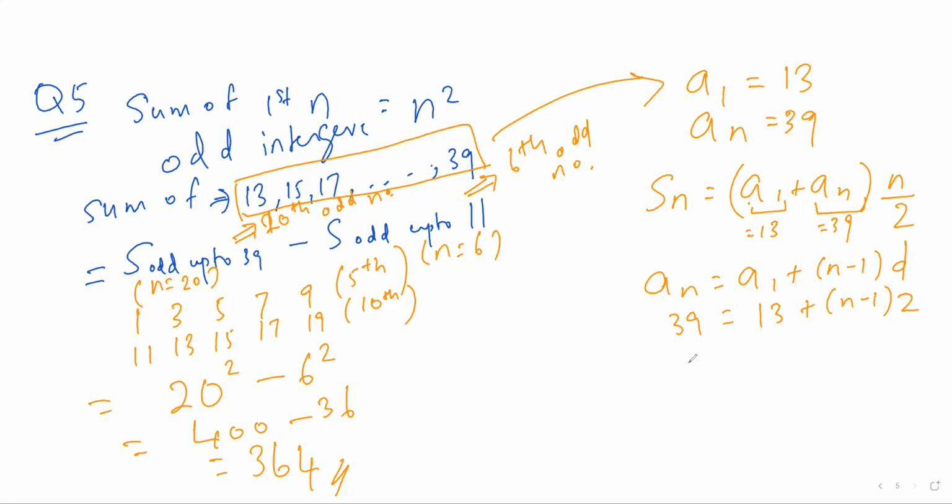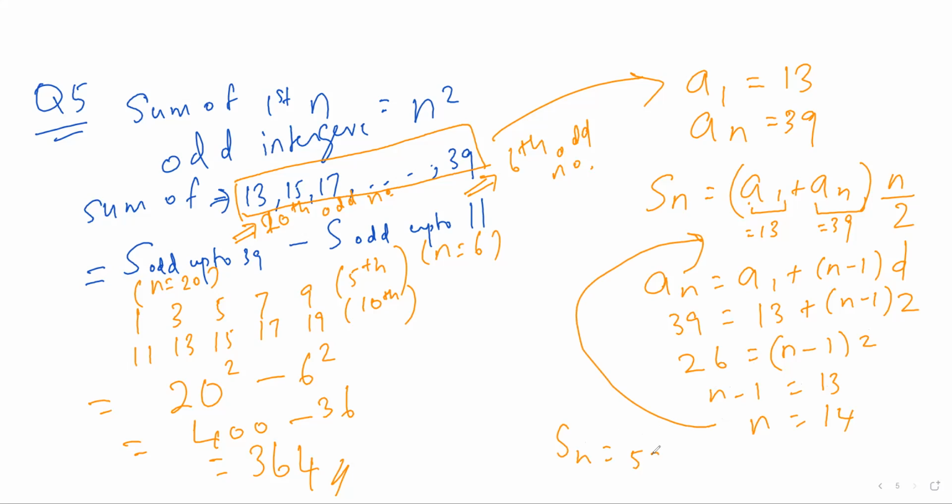By solving this, 26 is equal to (n minus 1) times 2, n minus 1 is 13, and n is 14. Once you apply that here, you get Sn is equal to 13 plus 39, which is 52, times 14 over 2. That's 7. So 52 times 7 is 350 plus 14, which is 364 again.